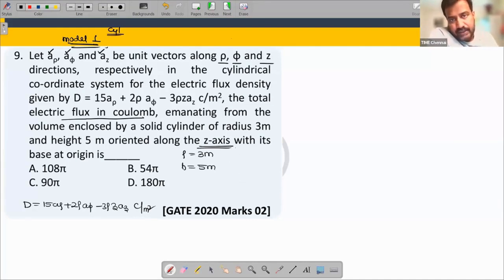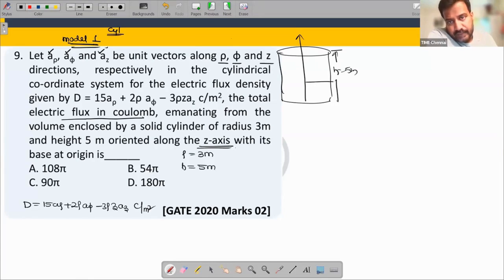The cylinder has its base at origin, along Z axis. Height is 5 meter. Radius is 3 meter. This is the given data. It's asking us to find psi e.